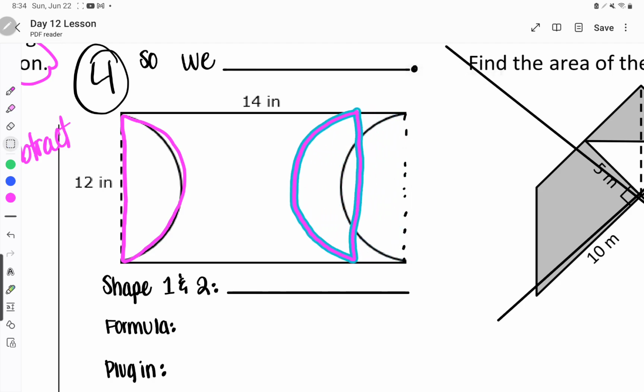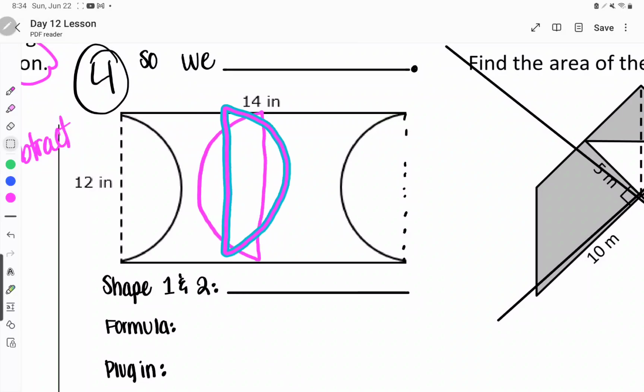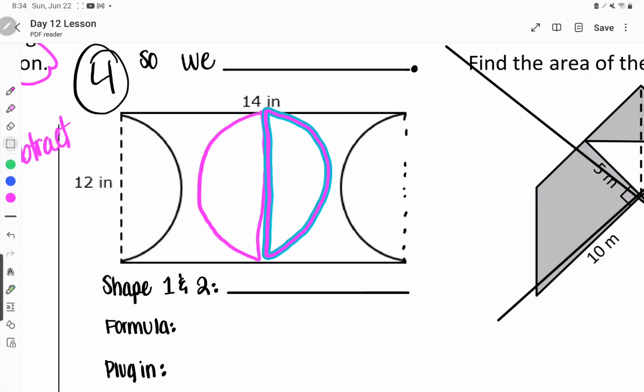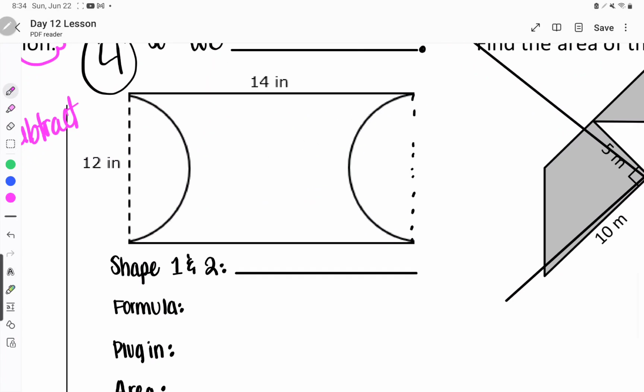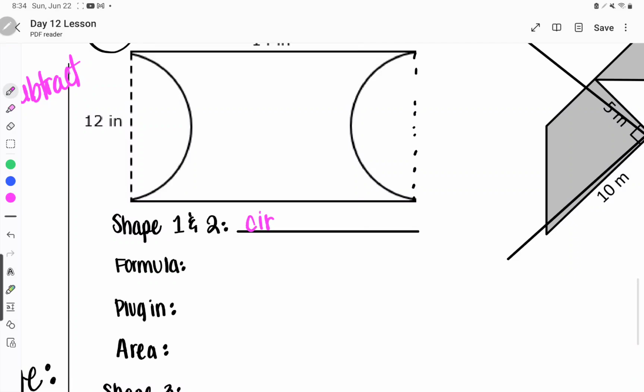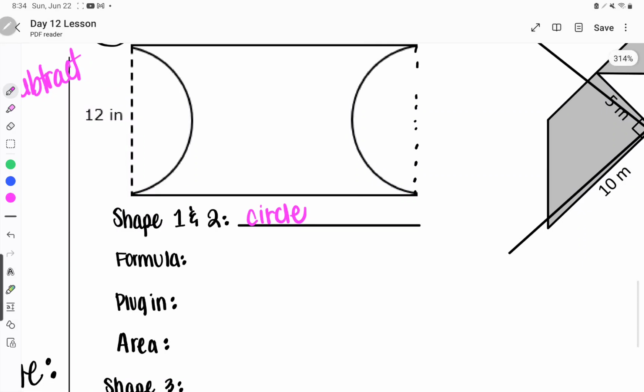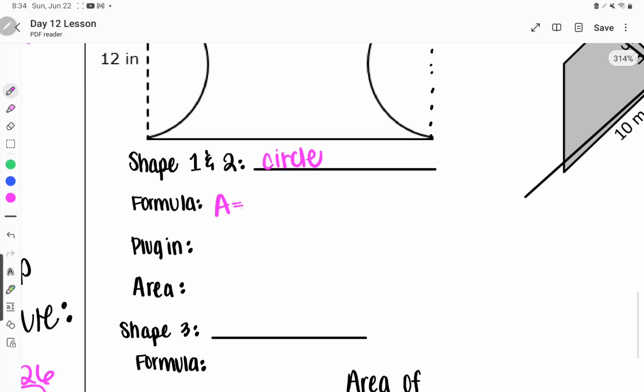So if I take this and I put it together with this, those 2 half circles are going to come together to form a really ugly full circle, okay? But yeah, shape 1 and shape 2 are a full circle once they come together. So that gives us an area formula of pi times radius squared, or pi times radius times radius.